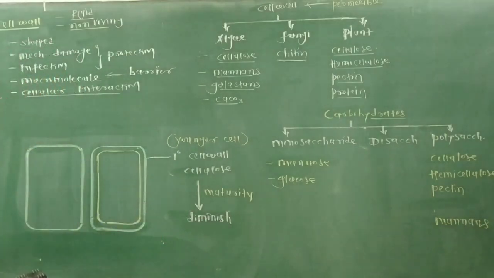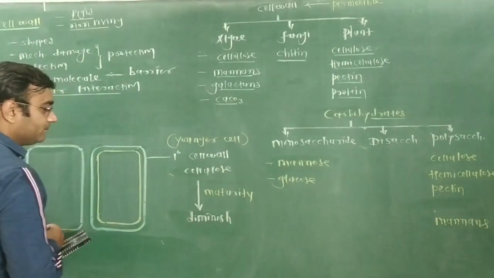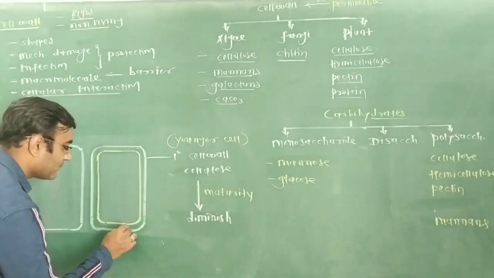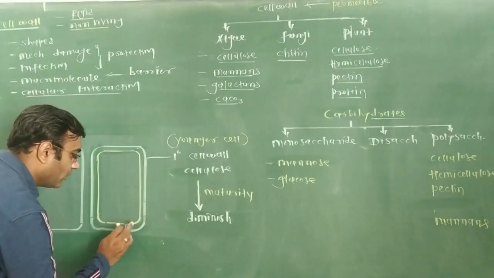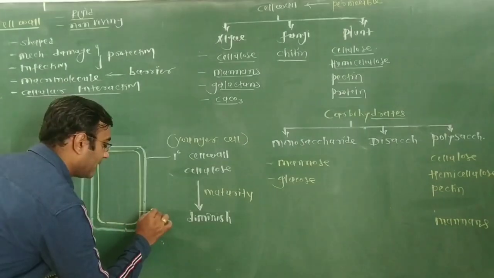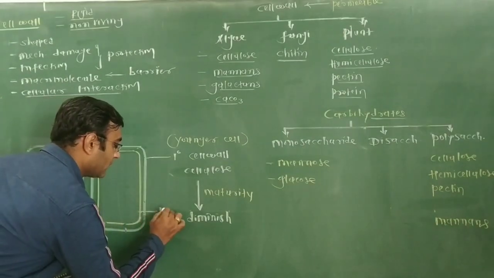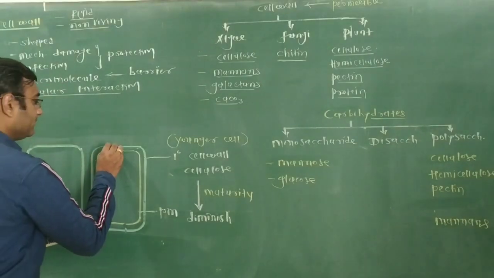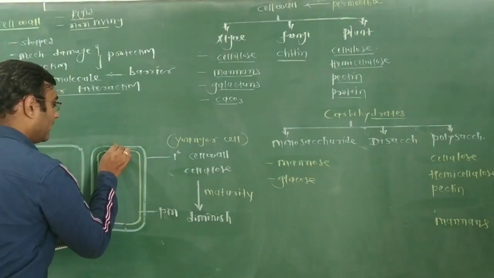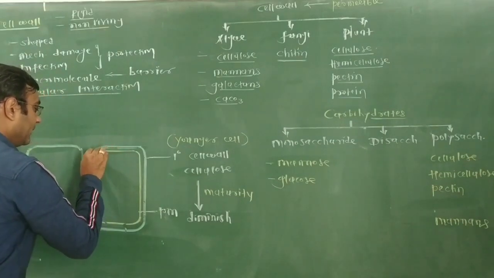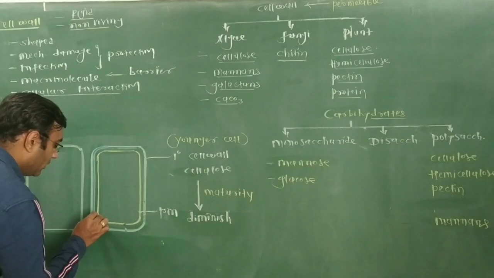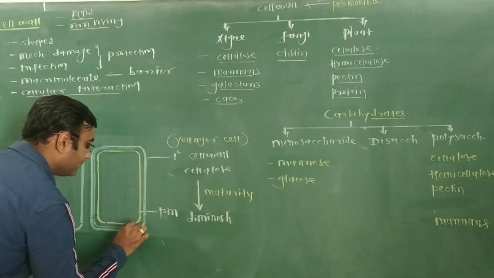In its place, towards the plasma membrane, a new cell wall develops, which is thicker and more rigid. This new cell wall develops inside the primary cell wall, towards the plasma membrane.